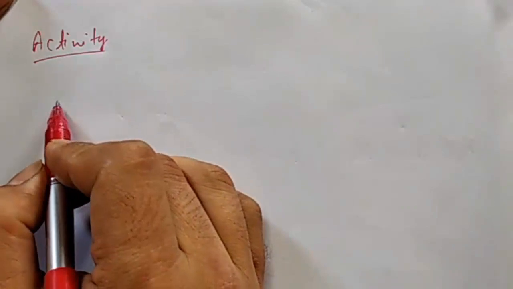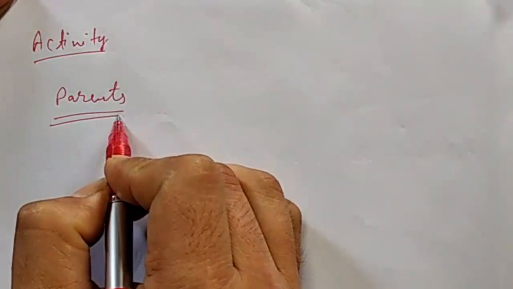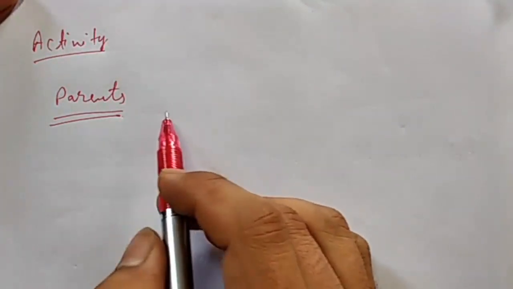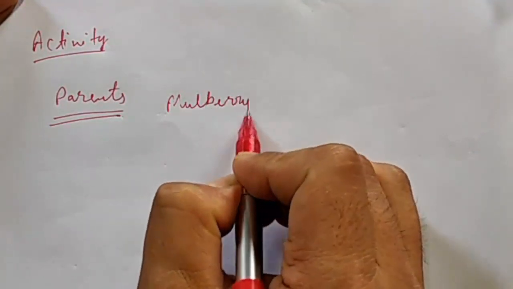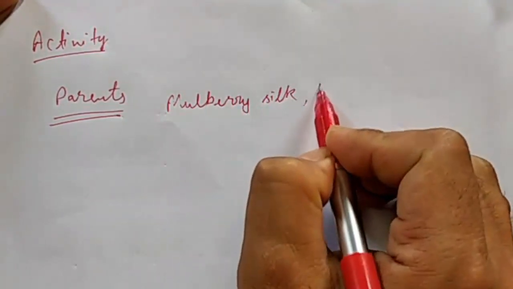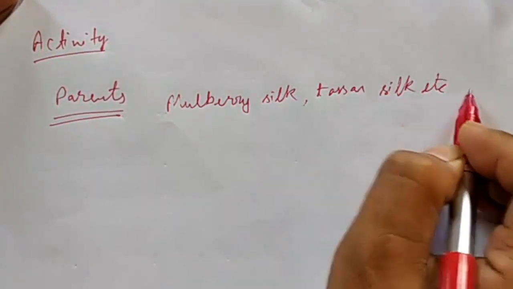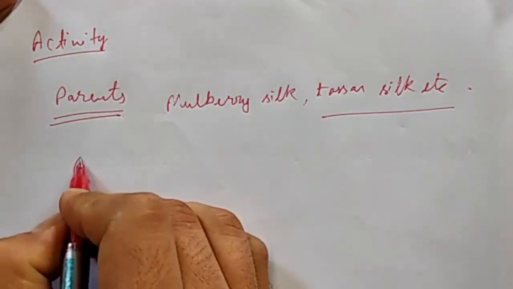With the help of parents or elders, we can try to identify the different types of silk, such as mulberry silk, tassar silk, etc. Here we can also compare the texture of this silk with that of artificial silk.